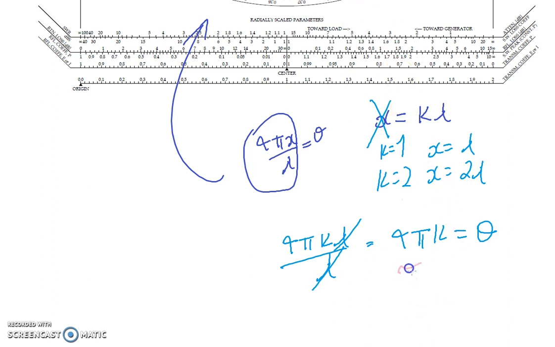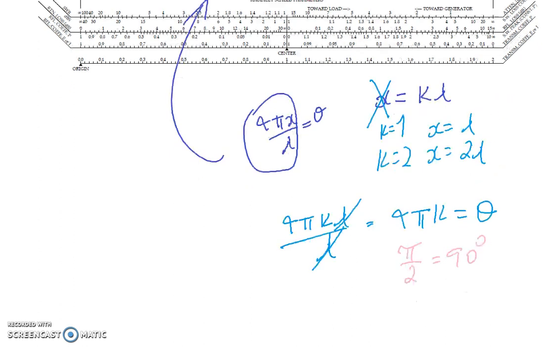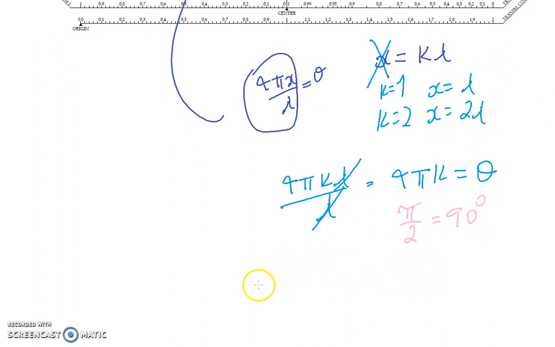So let's suppose that our angle is equal to pi over 2, which is equal to 90 degrees. What value of k will we have? So 4 pi times k is equal to pi over 2. And so this pi cancels with this one. So k will be equal to 1/8, which is equal to 0.125.